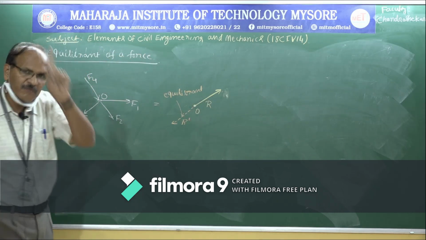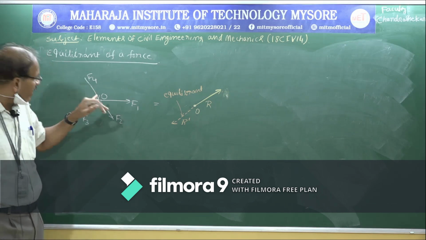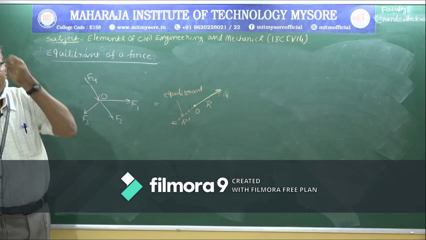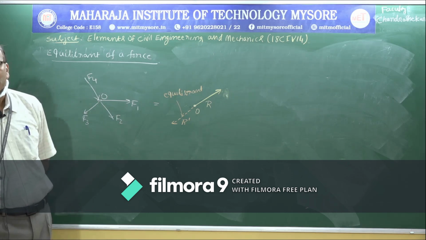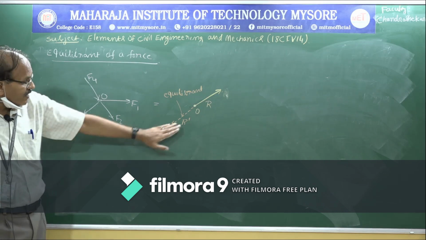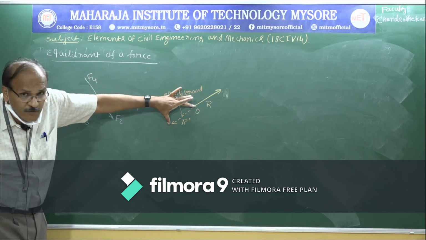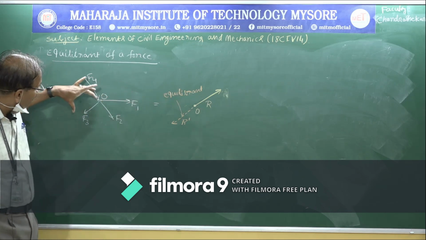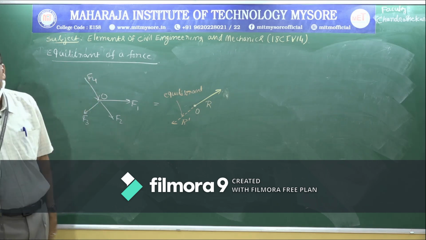So what is the job of the equilibrant? The job of the equilibrant is to keep the body in check, or in a static position. So the body does not move if you apply the equilibrant. That means you can take this force R dash and apply it here, then this point O will not move.